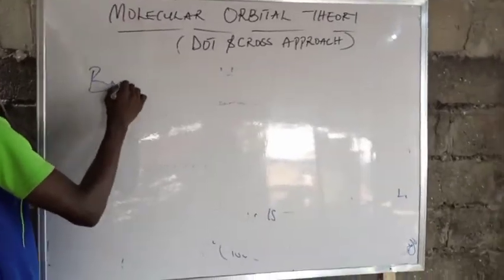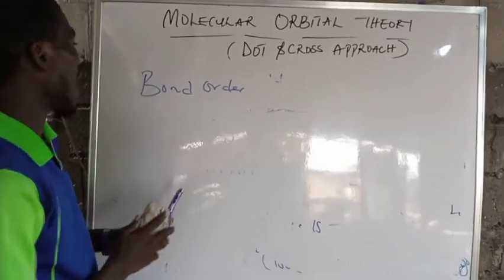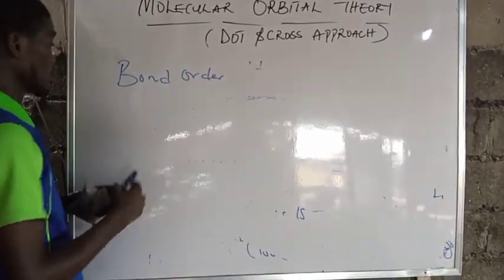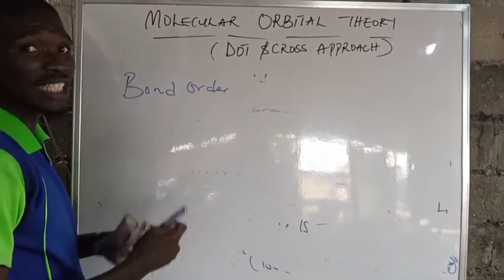So with this now, we can proceed to what we call bond order. And what is bond order? Bond order is a value obtained from the difference between the bonding order and the anti-bonding order, which is half.